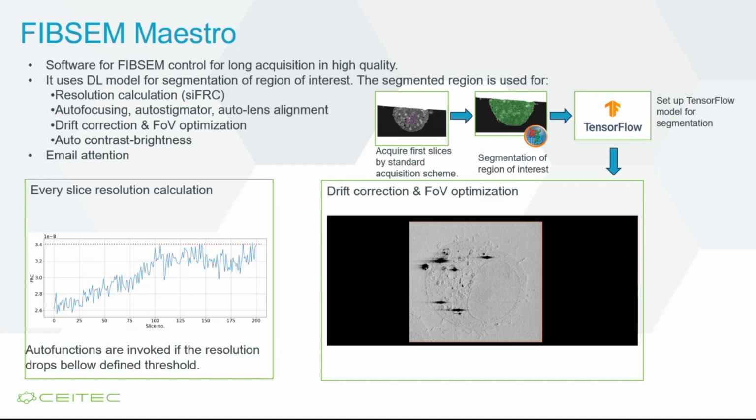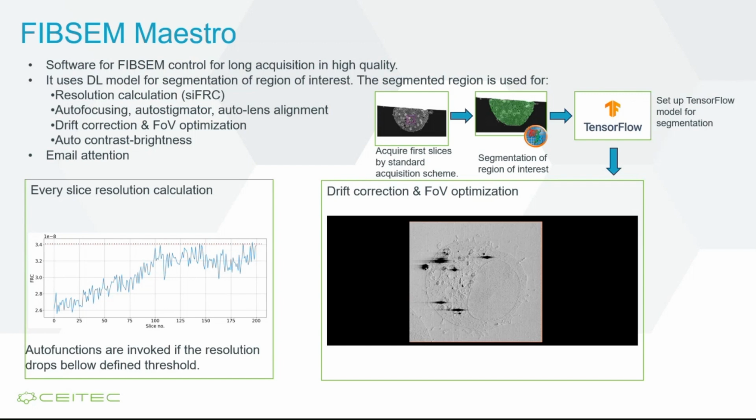It has some features. Surprisingly, it's very helpful also for standard resin room temperature samples. The main workflow is like this. You first acquire a number of slices, like 10 or 20 slices, by a standard acquisition scheme with some auto functions in a defined region and, I don't know, drift correction by template matching, so very standard things.